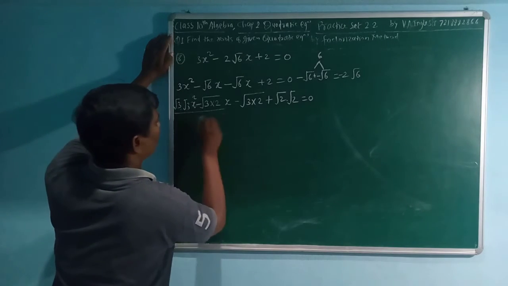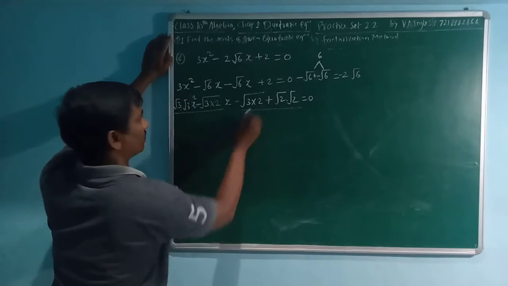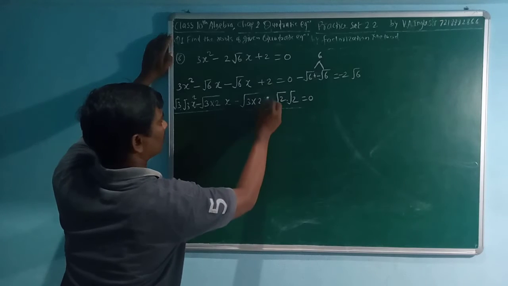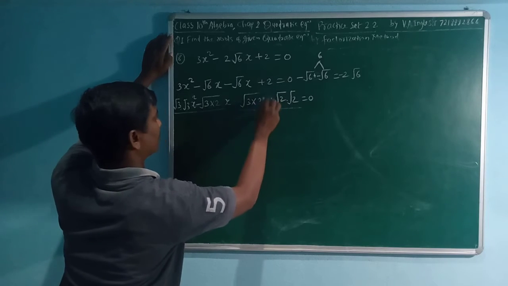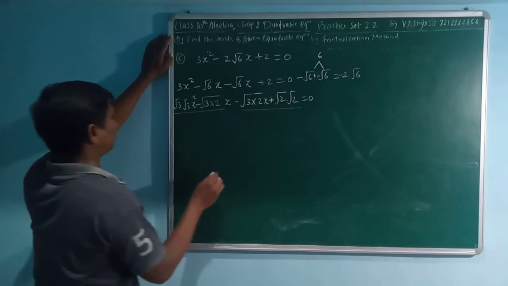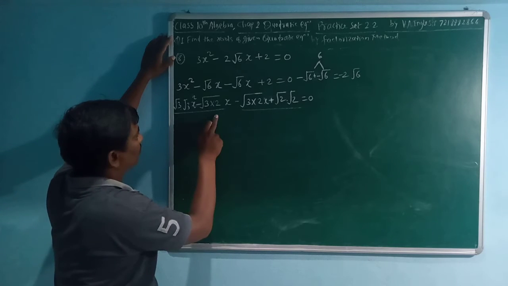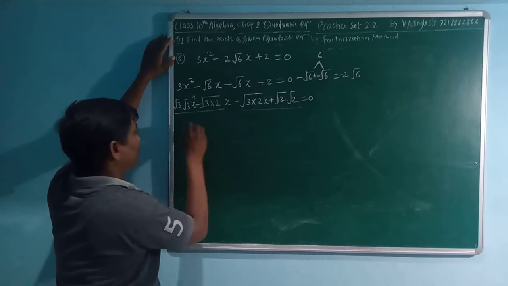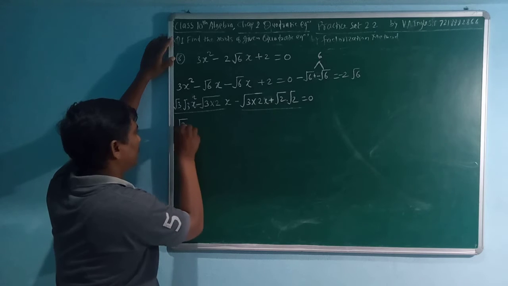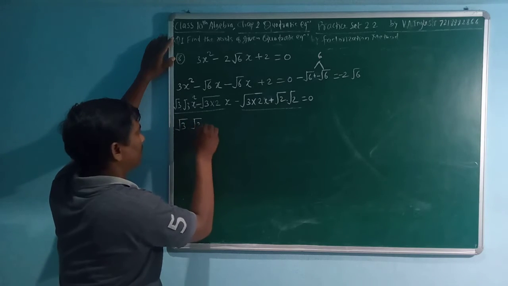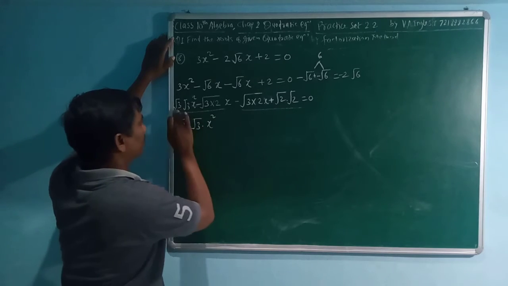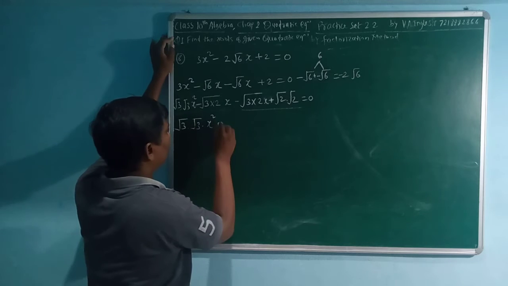Now take out common from these two terms and then from these two terms. I forgot here to write x. Now it is okay. Now look at this, what you can take common? Before that, we'll simplify this again so that you can get it easily before taking common.